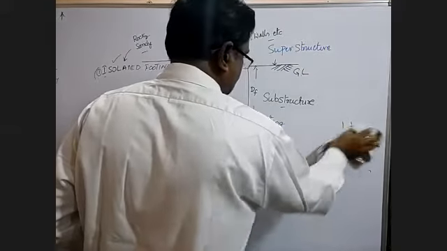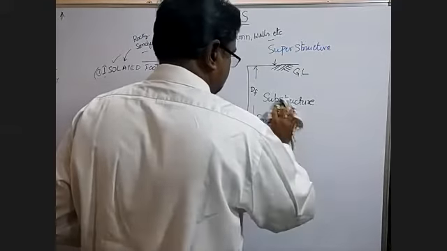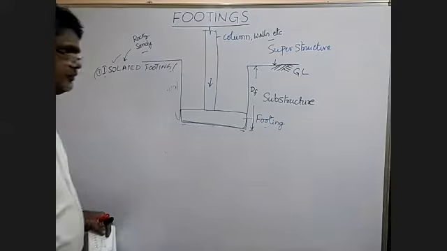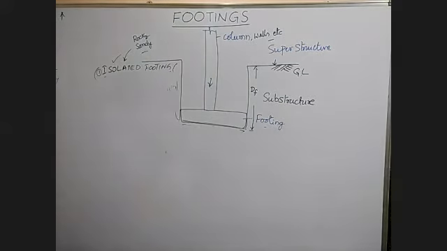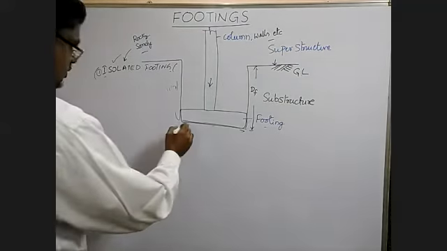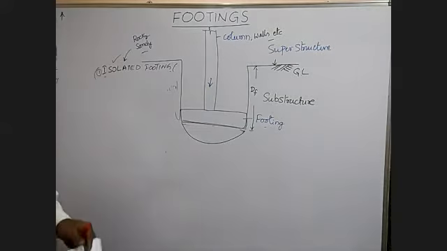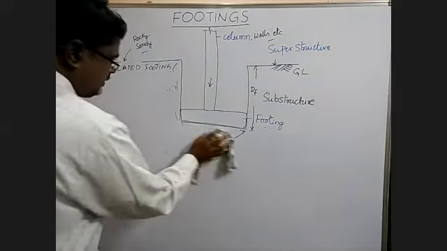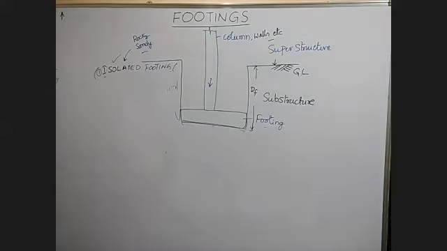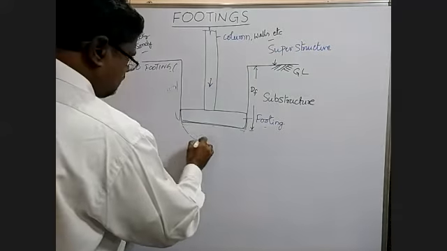That means you have a single column and footing. Here, for sandy soil, the soil pressure is like this.